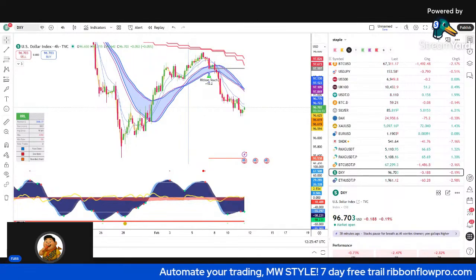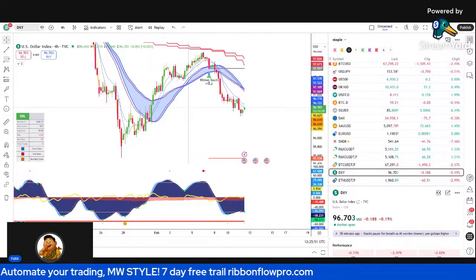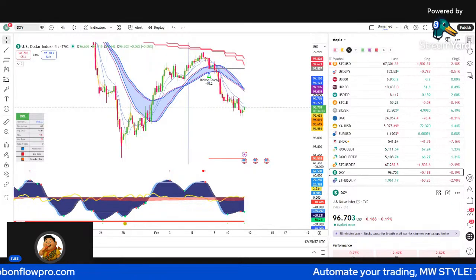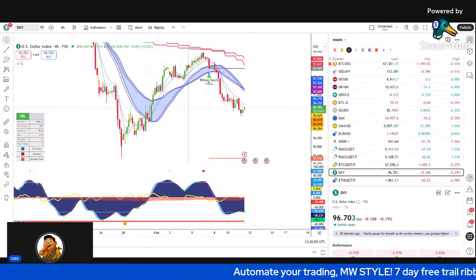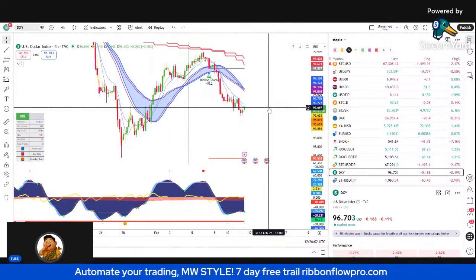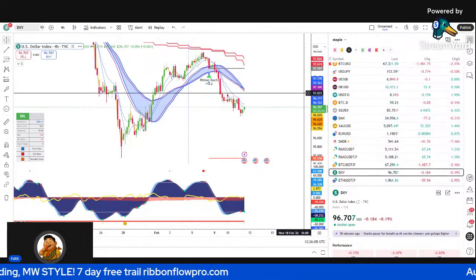So I'm really not rushing into any trades. I've got a long on ADA and I've got a long on Bitcoin with a stop loss at the entry. So I'll probably secure some profits and then move stop losses to break even. But I do have some altcoins to cover today.